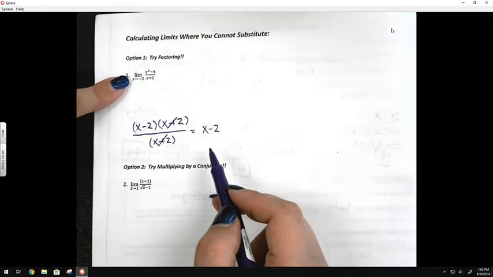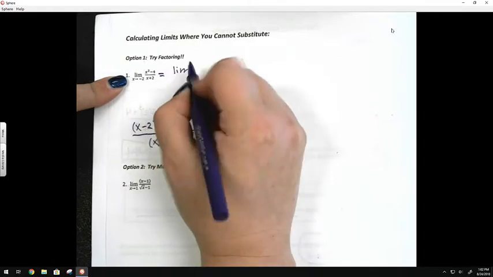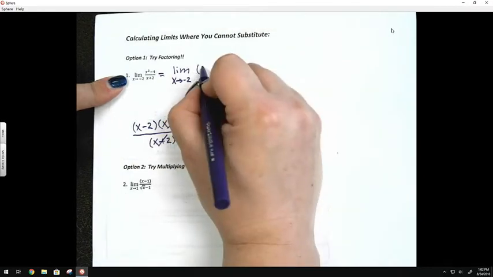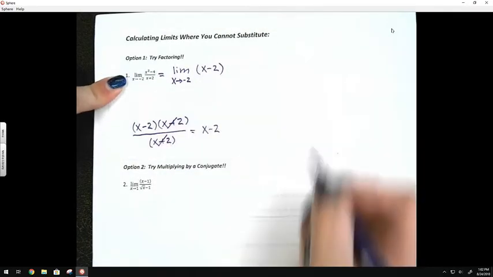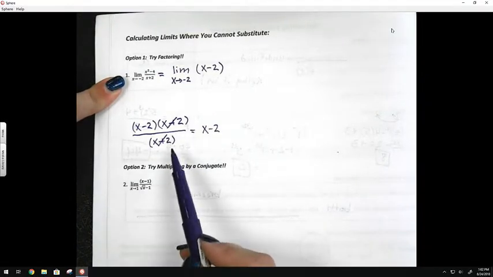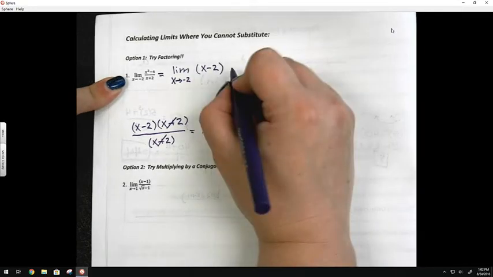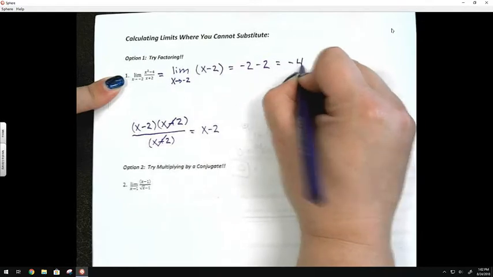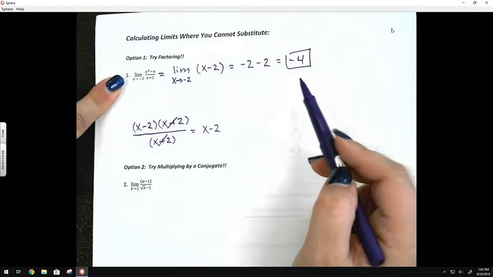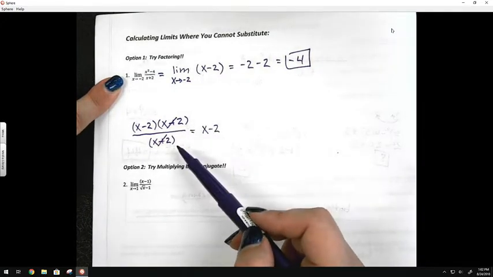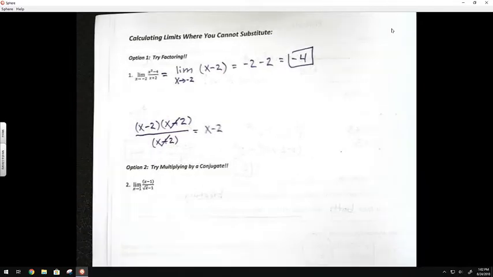Which means when I look at my limit, this is really like saying take the limit as x approaches negative 2 of x minus 2. Now I don't have any problems because I eliminated that x plus 2. So now I can actually just substitute negative 2 minus 2, which means my overall limit is negative 4. By factoring and canceling the common factors, we're able to substitute. We're able to do it the easier way.